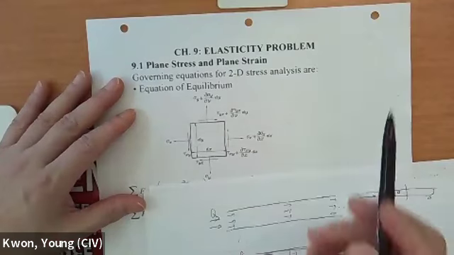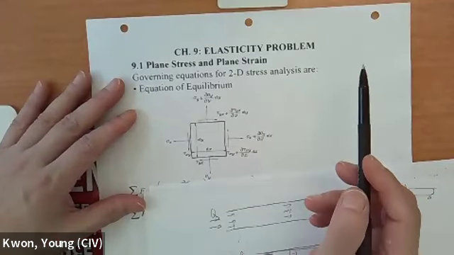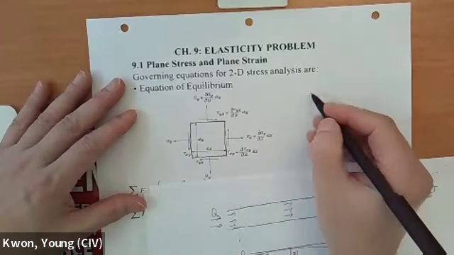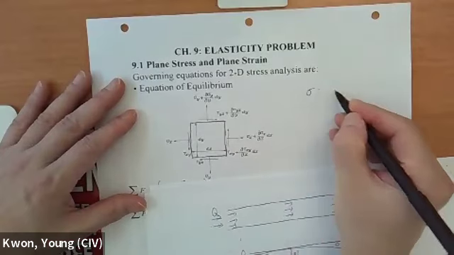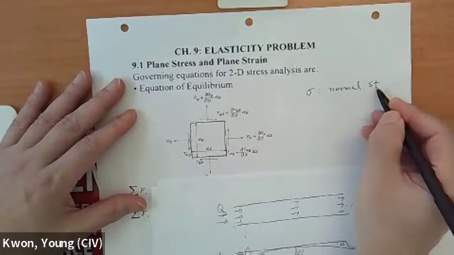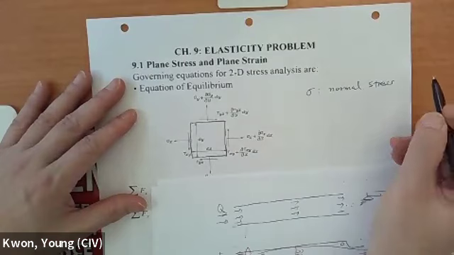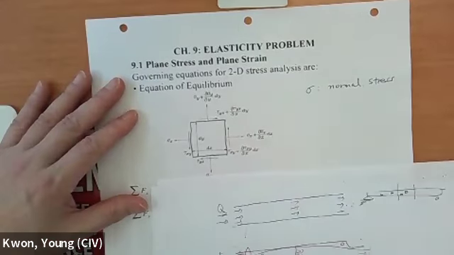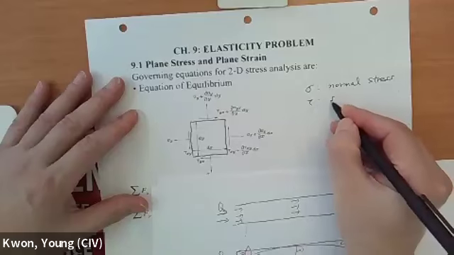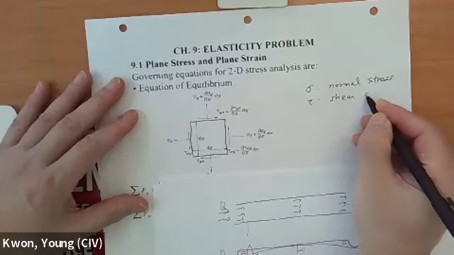Then let's use some sign convention and notation for stress. So sigma, we use for the normal stress. Normal stress means the stress is going to be perpendicular to the plane, and tau we use for shear stress.